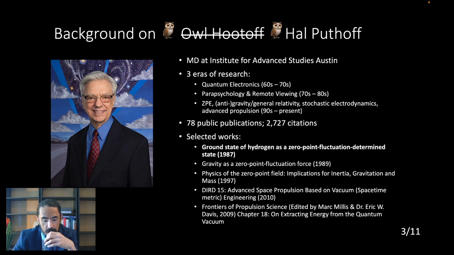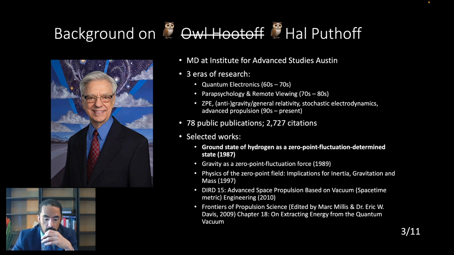In the 70s and 80s, he worked on parapsychology and remote viewing. This included working with people like Ingo Swann, of course, and that's its own topic that you could dive into, a whole rabbit hole. And the third era of Hal Puthoff's research has been on zero-point energy, gravity or anti-gravity, general relativity, stochastic electrodynamics, and advanced propulsion.